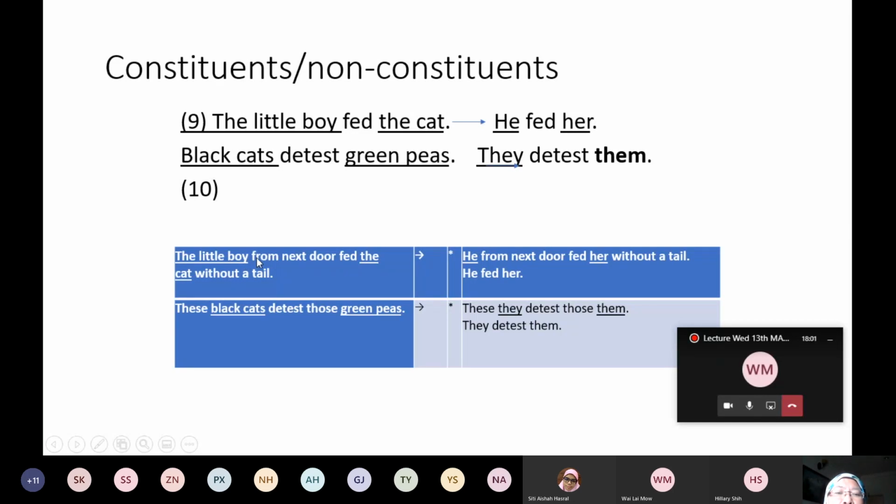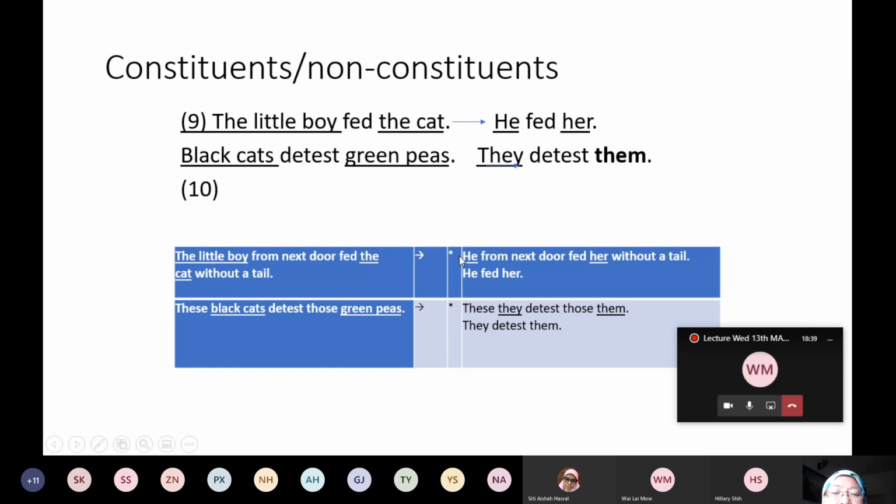So when you replace it with a pronoun, it becomes he from the next door, already not grammatical, fed her without a tail. Now this goes to show that when we do substitution, we cannot just take part of the sentence, or part of the constituent, because the actual constituent is the little boy from next door.